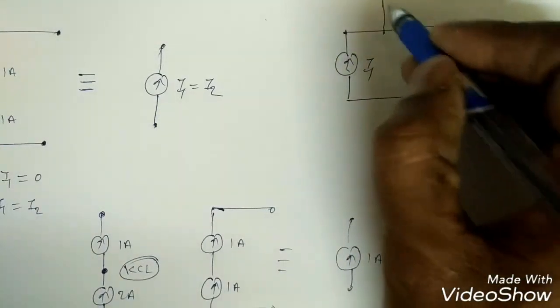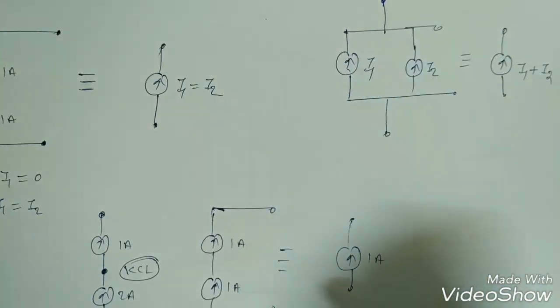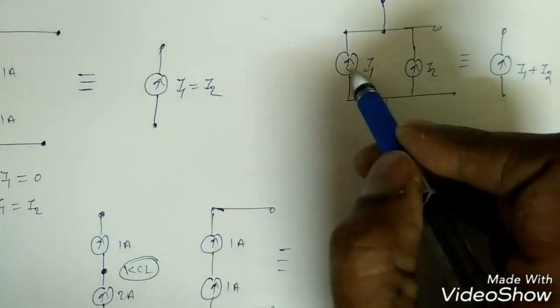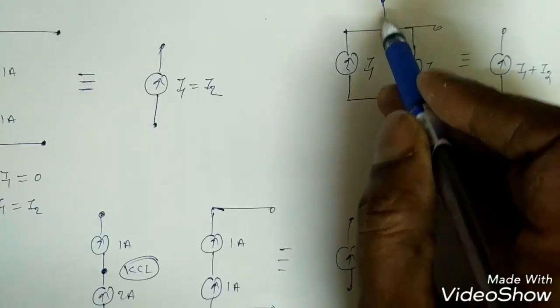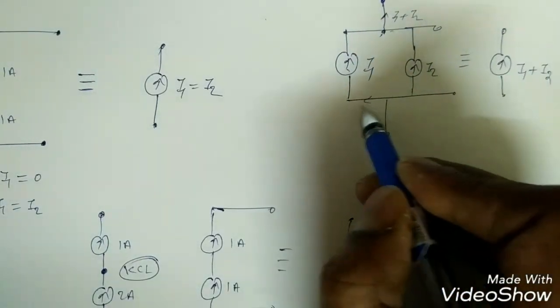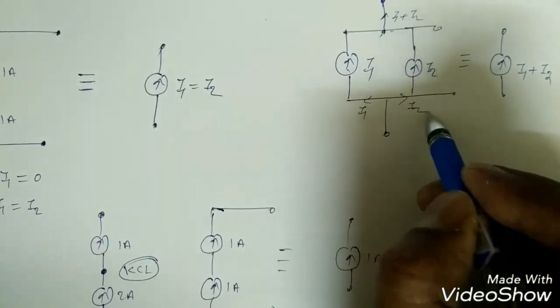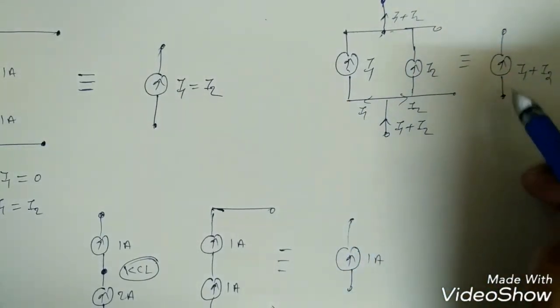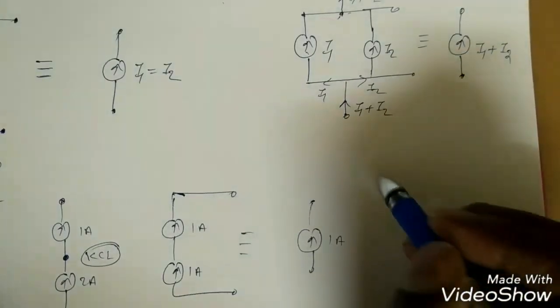Suppose this is a node here. If you apply KCL here, I1 is coming and I2 is coming, so they add to I1 plus I2. Here I1 is leaving, here I2 is leaving, so what should be this current? I1 plus I2. So it can be replaced like this, right?